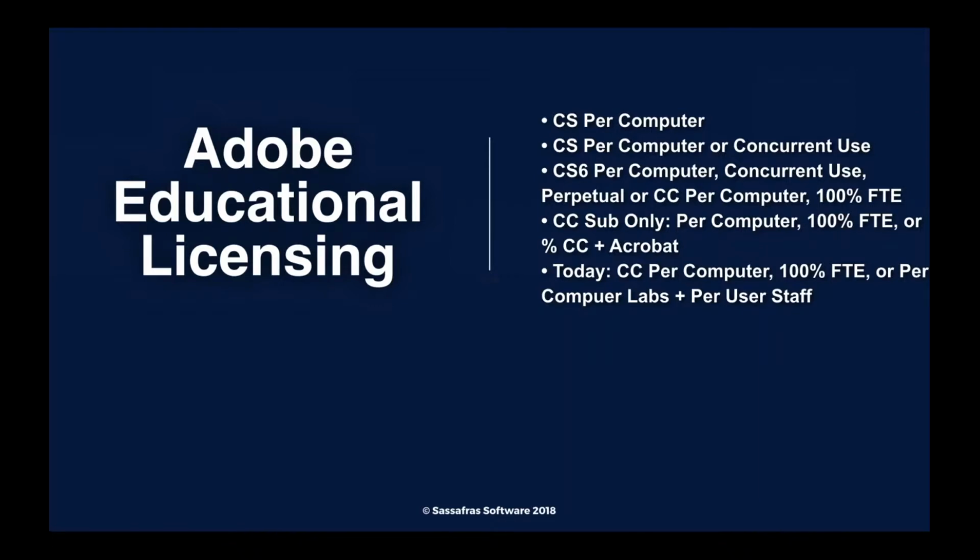From what I understand, this was not advertised, but you had the ability to purchase a percentage of Creative Cloud licenses for whatever computers you wanted to install the full suite on, and then the other percentage would be Acrobat. So you could say 70% Creative Cloud, 30% Adobe Acrobat, and pay less and distribute the products in that fashion.